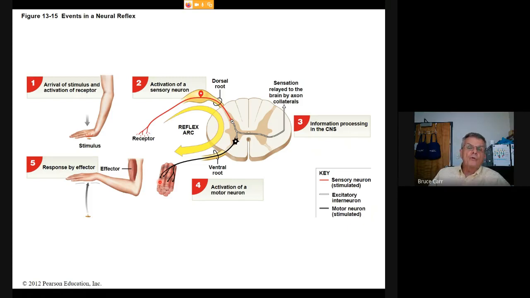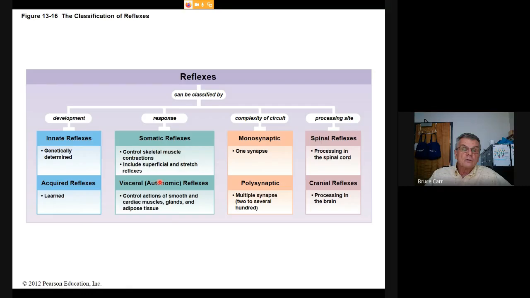But under normal circumstances, with normal events, when you put your finger down on a hot surface, you're destroying cells. You normally don't need to think about whether you want to keep doing that or not. And so to have a reflex that jerks it back at the quickest possible speed limits injury. It saves cells, and that's where we find a lot of our reflexes that are hardwired.